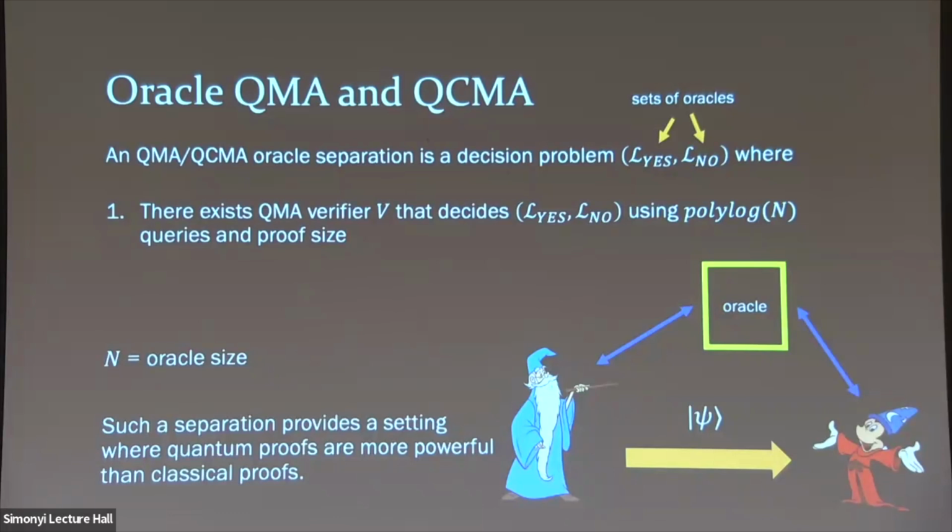N here is the size of the oracle. Like think of if you were to write out the truth table of the oracle, or it's basically the number of degrees of freedom used to choose the oracle. So if the verifier makes these many queries to the oracle and receives a proof with these many qubits, then we say it has a QMA protocol.